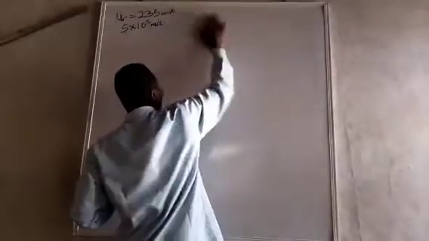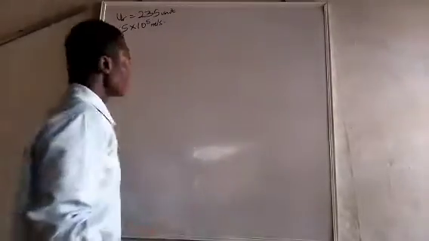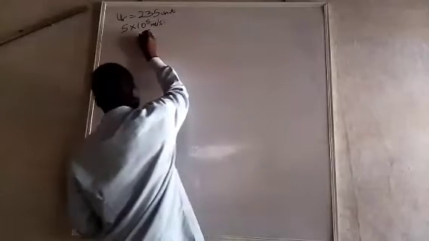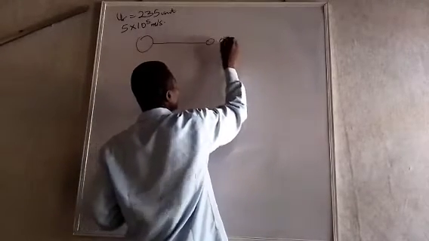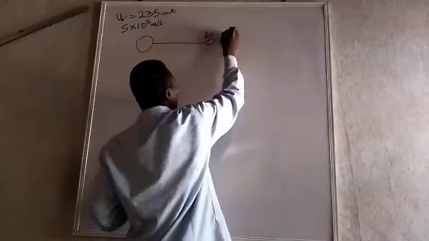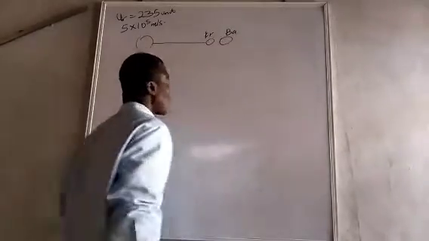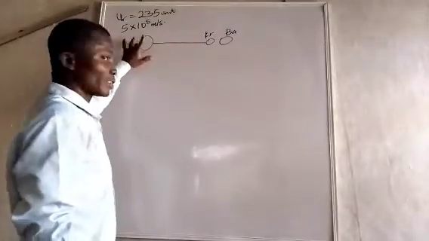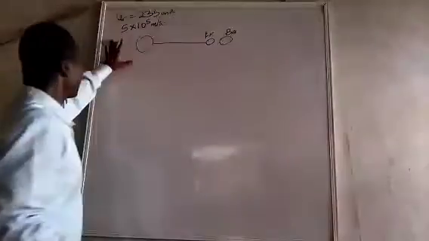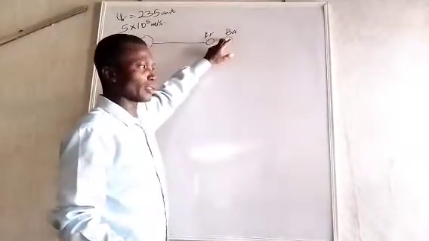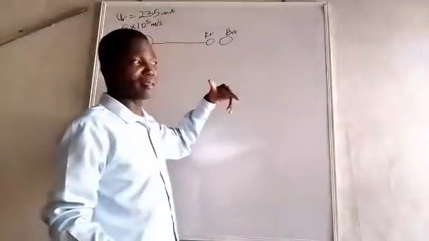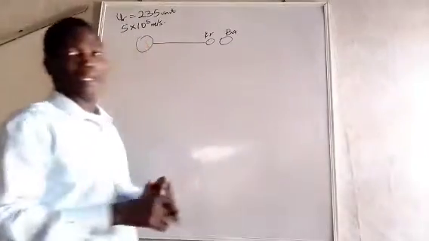Along the line, it splits into two, krypton and barium. The velocity of this relative to the tube is 5 times 10 to the power 5.